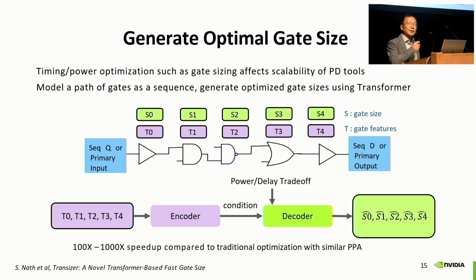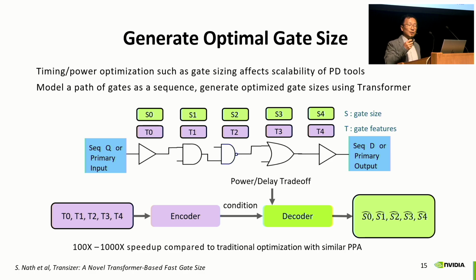So if we treat this list of gate features as the input sequence, and the list of gate sizes as the output sequence, then we can apply a transformer to model this. And interestingly, the output size of the transformer should not be conditioned only on the input gate features, because we need a desired power-delay trade-off.